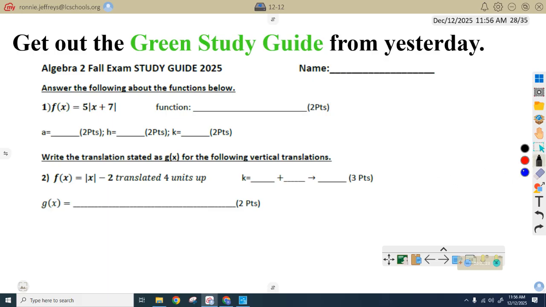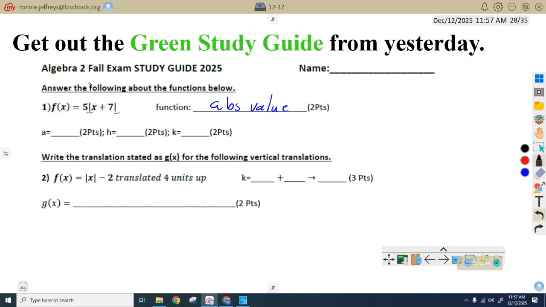All right, so on number one, you're going to have to know the function. Remember, it's either linear, absolute value, or quadratic. This one is absolute value because it has absolute value bars.